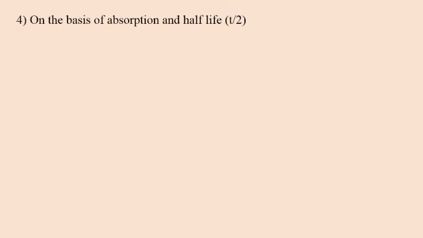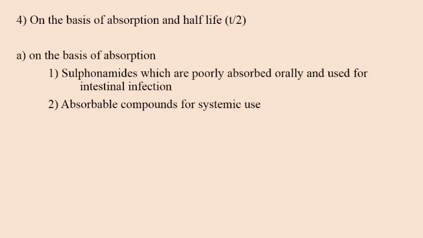On the basis of absorption, the classification is like this: sulfonamides which are poorly absorbed orally and used for intestinal infection, so they will show local action in the intestines. Second class, absorbable compounds for systemic use; after oral consumption, they are absorbed.